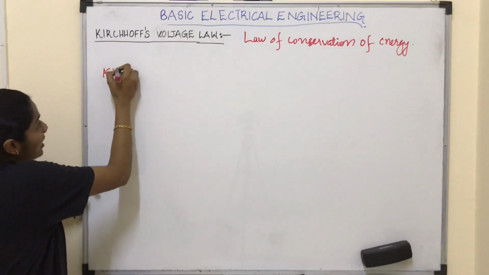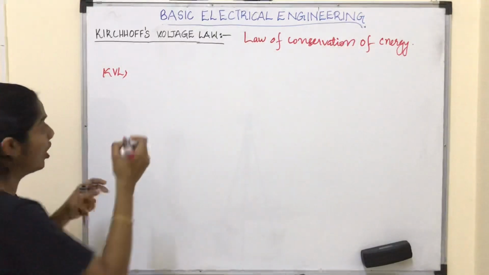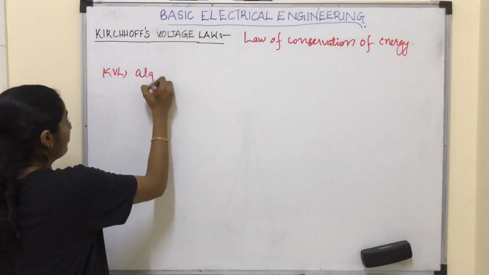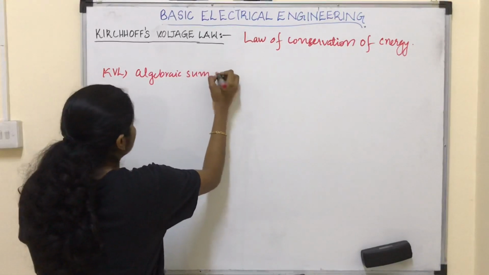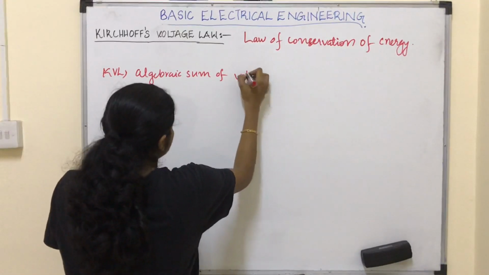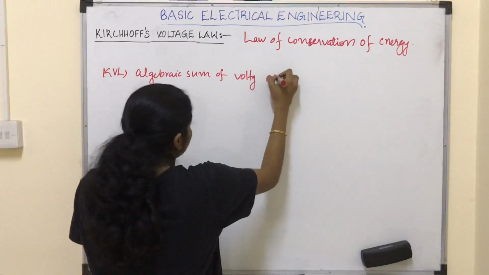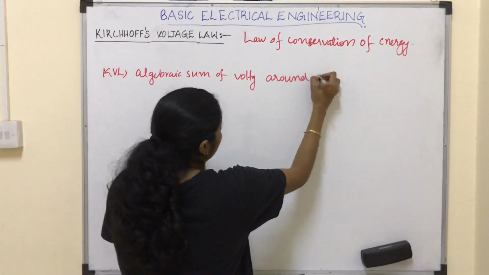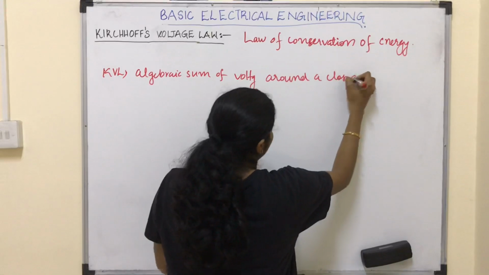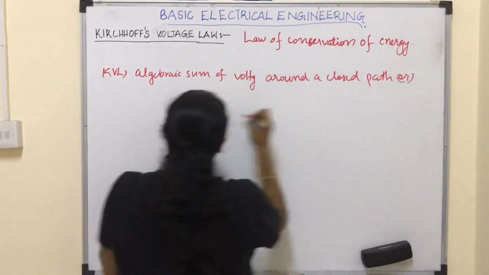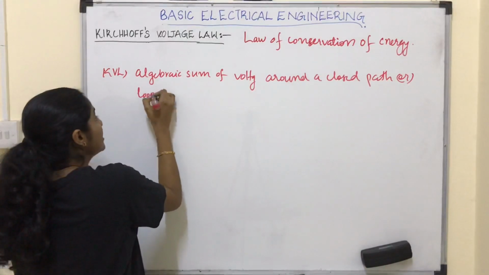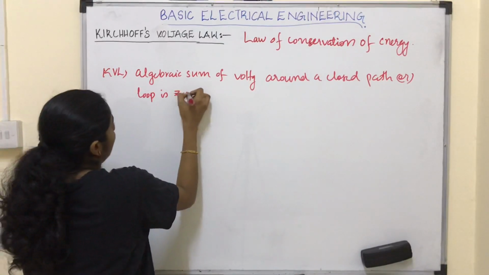And KVL states that the algebraic sum of voltages around a closed path or loop is 0, right? Closed path is nothing but a loop.